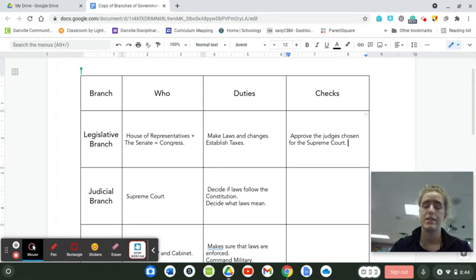That means that these guys down here actually get approved by the legislative branch. Okay. And then there's another check that the legislative branch can do, but I'm going to come back to that.